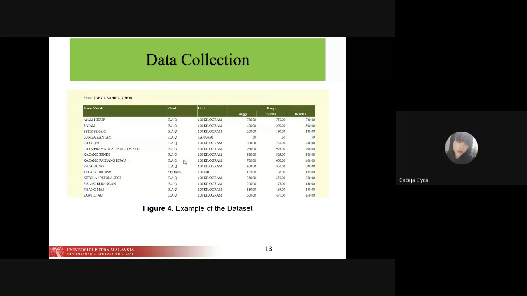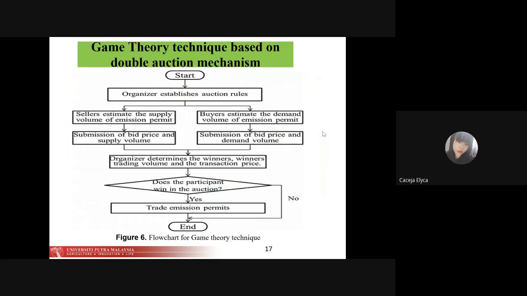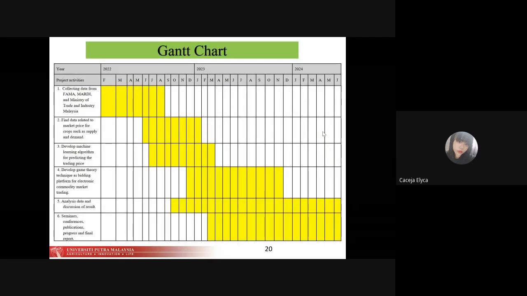In my research, the problem is mostly in terms of data collection, because in Malaysia it is hard to get this kind of data set to do a prediction. Right now I can only get the Pharma data set. I cannot get Mardi, and also the last one, the Ministry of Trade and Industry Malaysia data.